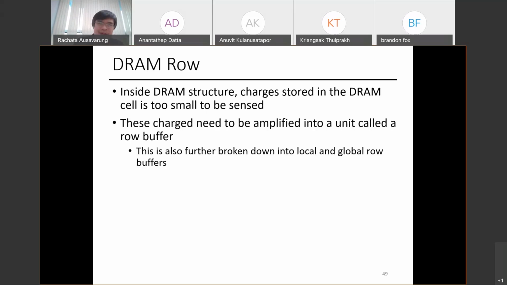What is an amplifier? Has anyone used an amplifier when you listen to music or when you play a guitar or anything? Anyone use an amplifier before in life?